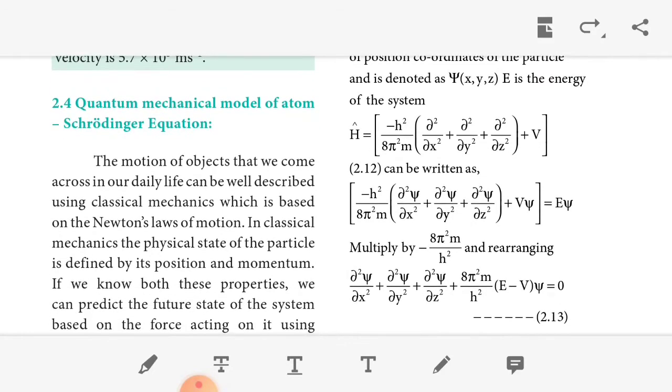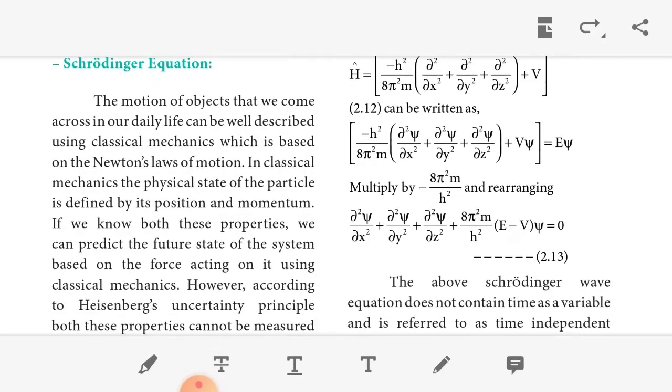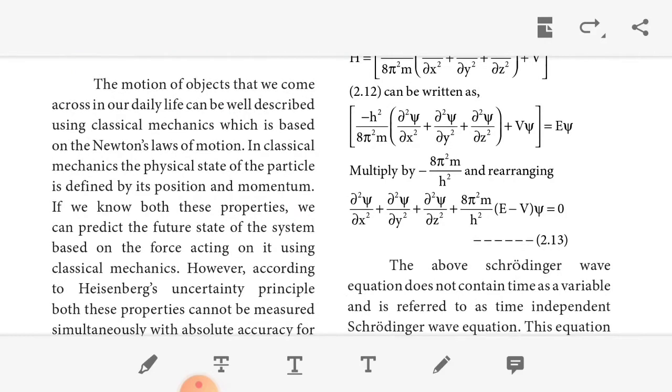Multiplying by 8 pi square m by h square and rearranging, we get dou square psi by dou x square plus dou square psi by dou y square plus dou square psi by dou z square plus 8 pi square m by h square into E minus V, psi equal to 0. We get equation 2.3.